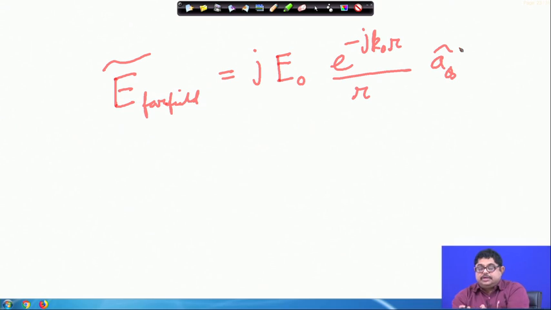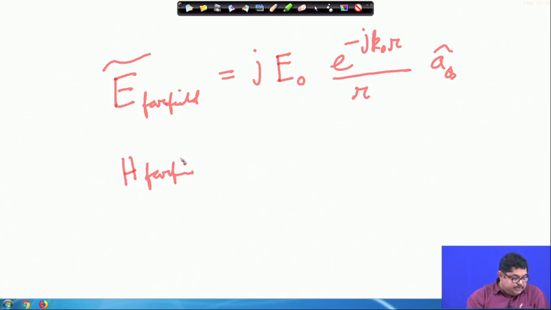So, actually this is the genesis of spherical waves. In a wire, if I have a varying current, the far field will be of this form. And what is H far field? Previously I have written it, now I just want to say that I can also write it in terms of E far field.